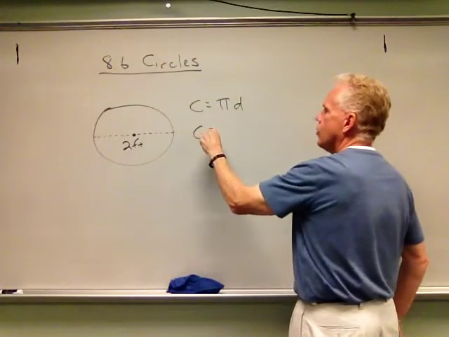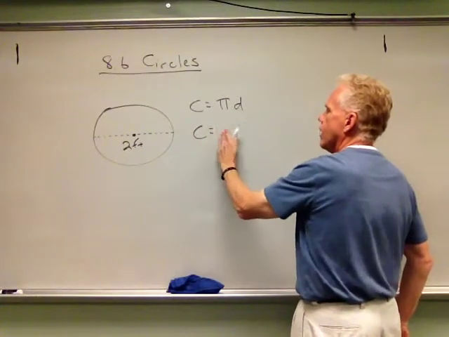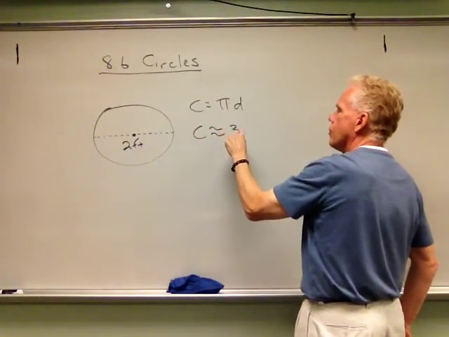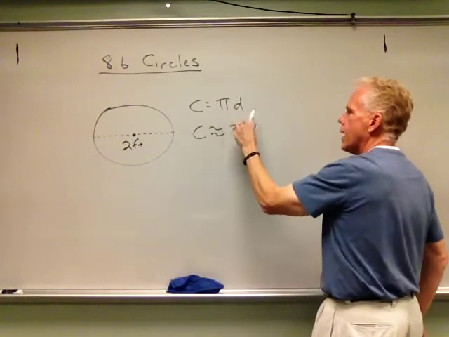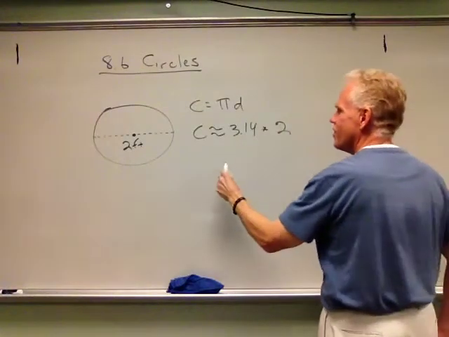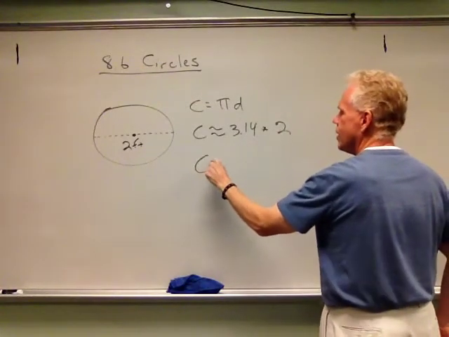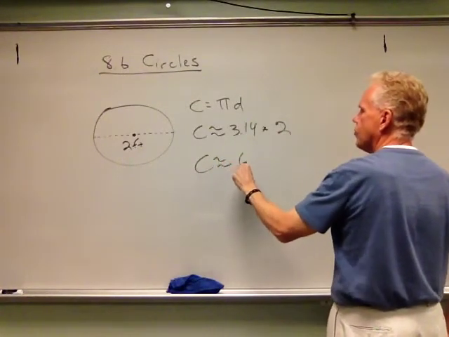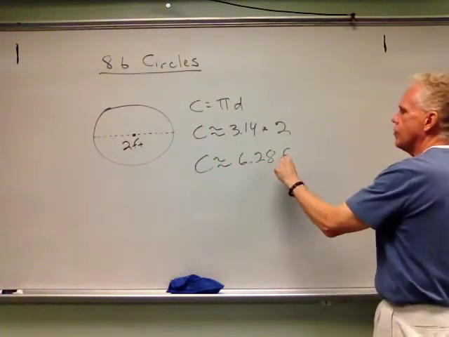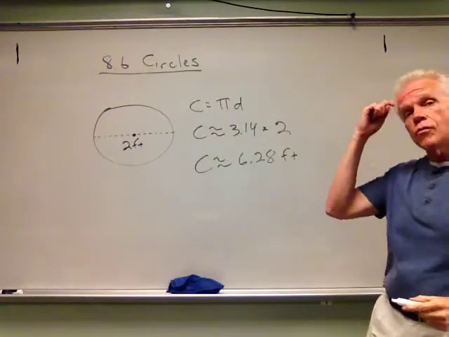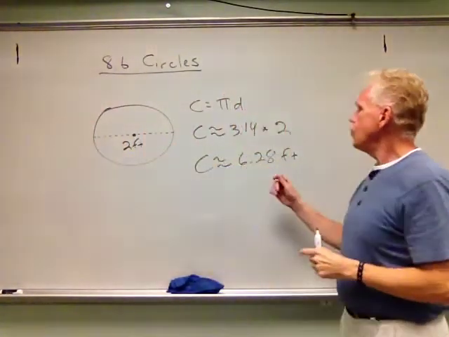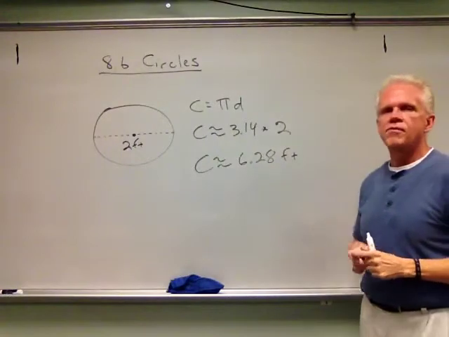So C, circumference, oh no, we don't want to say equals, we want to say is approximately 3.14 times 2. Okay? So C is approximately 6.28, and this is feet. So the distance around our circle, if we measure all the way around, we should get 6.28 feet.